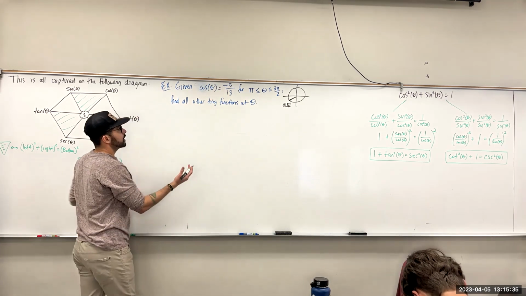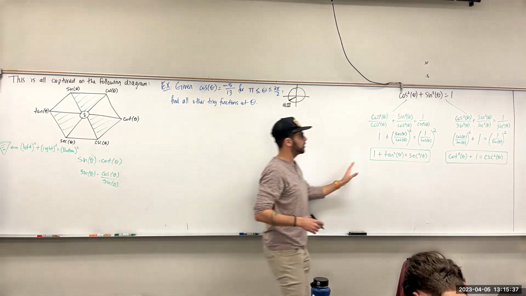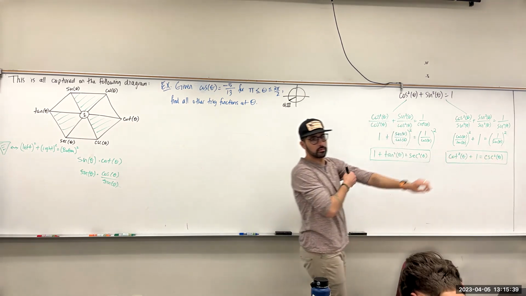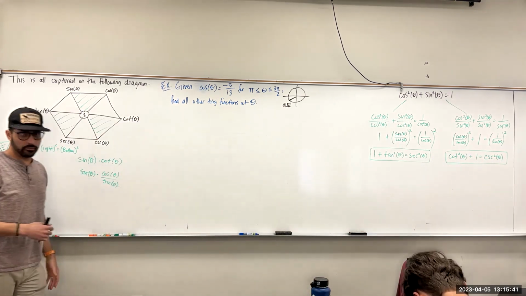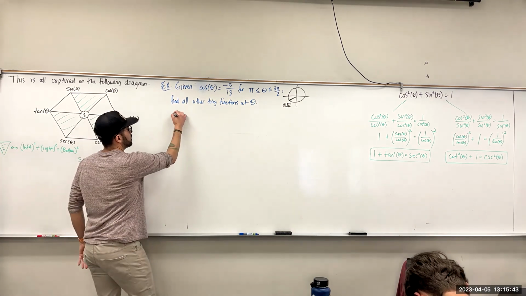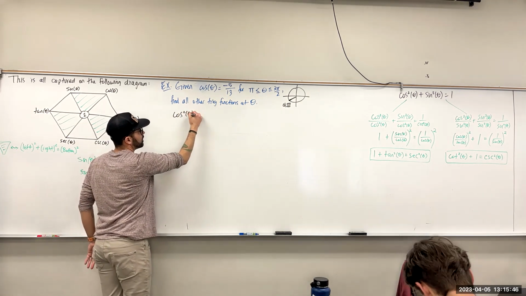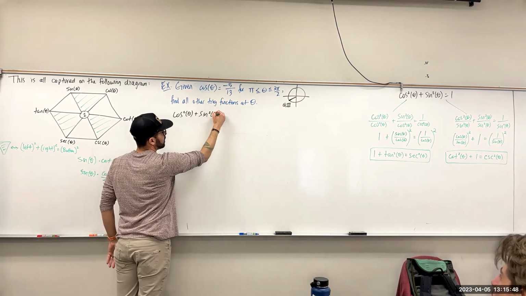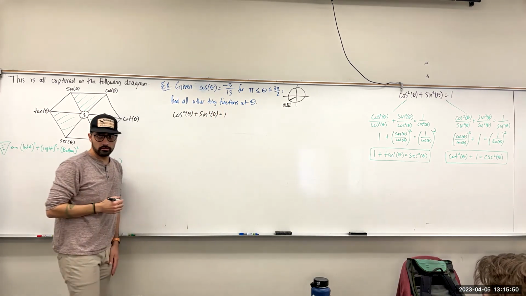So let's use our trig identity. Which of these three that we discussed uses cosine? The first. Cosine squared theta plus sine squared theta equals 1. So I would start there.